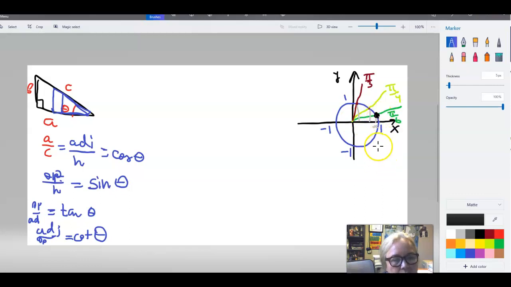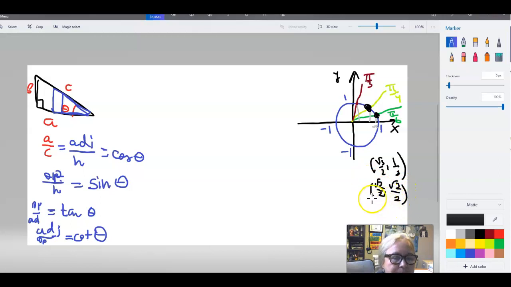The coordinates are square root of 3 over 2 for x and 1/2 for y. For the angle pi over 4, the point where the terminal side crosses the unit circle will have coordinates square root of 2 over 2 and square root of 2 over 2.